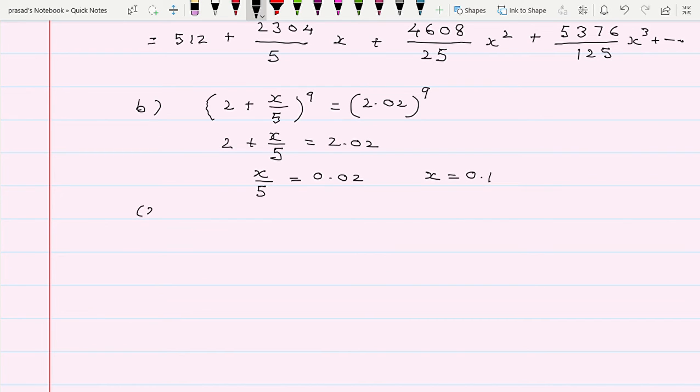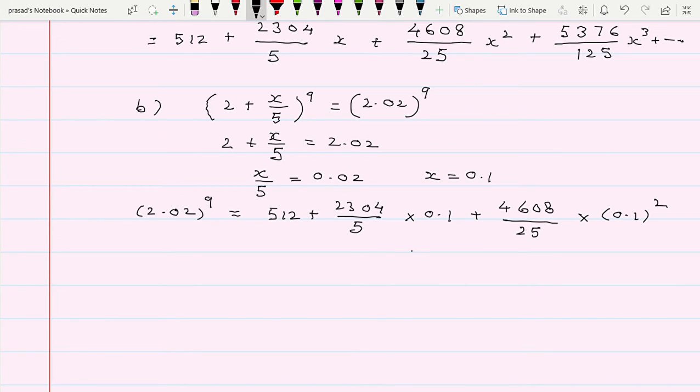The estimated value will be 512 plus 2304 upon 5, for x I will put 0.1, then 4608 upon 25 into 0.1 the whole square, and then 5376 upon 125 into 0.1 the whole cube.